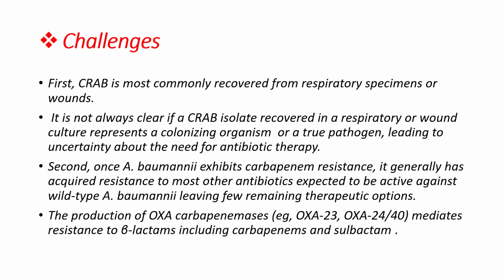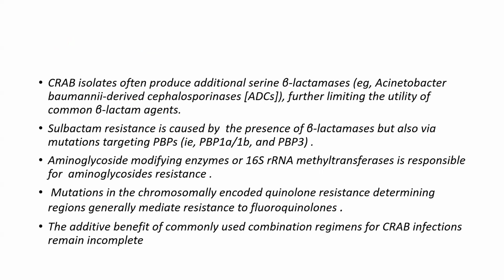If it is oxacillinase carbapenemase, then that mediates resistance to beta-lactams, including carbapenems and also sulbactam. CRAB isolates which produce an additional serine beta-lactamase, that is Acinetobacter baumannii-derived cephalosporinase, further limit the utility of common beta-lactam agents. If there is a mutation in the penicillin binding protein, then there is resistance to sulbactam also.